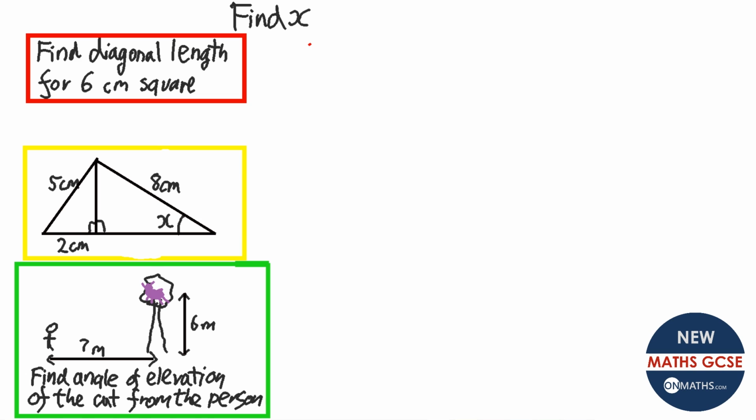Okay, so we're going to start off drawing the square and the diagonal. We'll label that X, and it's a 6 centimeter by 6 centimeter square. Okay, so to find out what X is, well, that's a right angle there. So the right angle is going to be hypotenuse there.